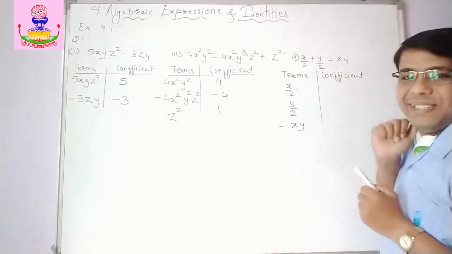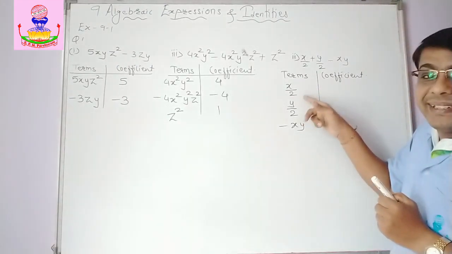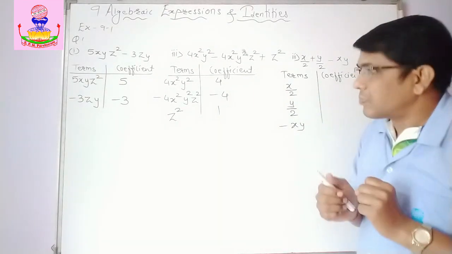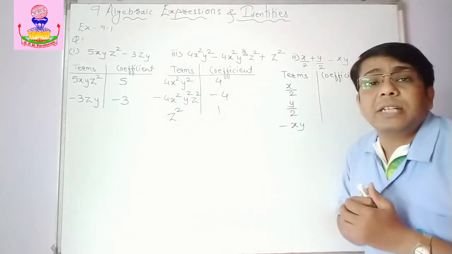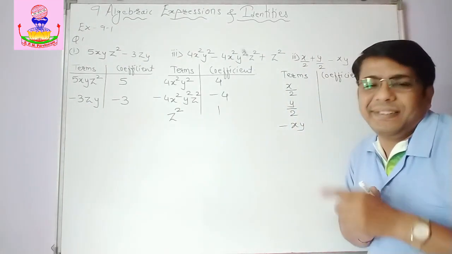Now what is the coefficient? It is the denominator 2. Means what? See here. Simple thing. When I say 5xyz square, it means 5 into xyz square.